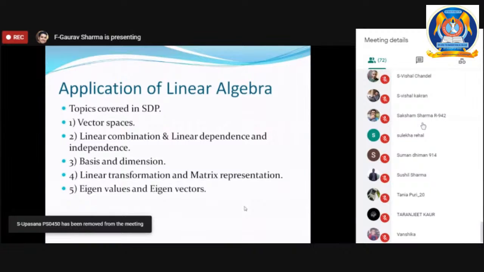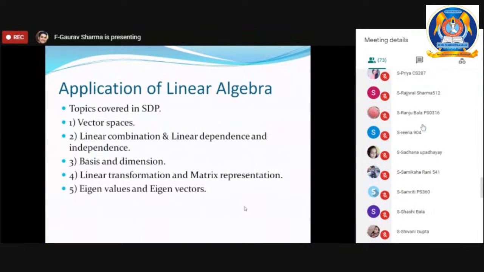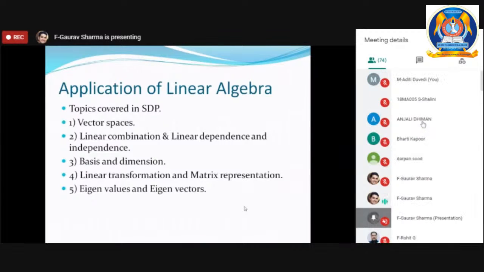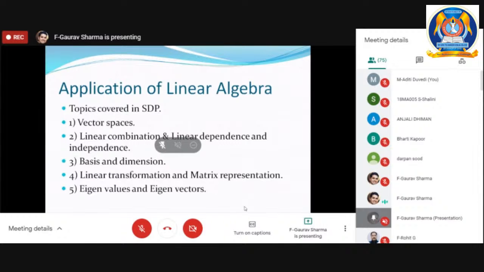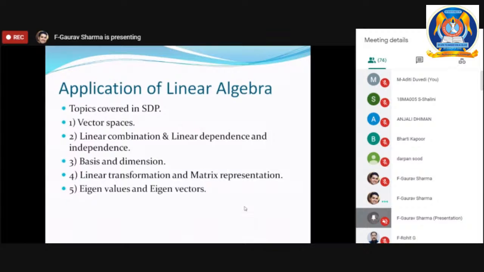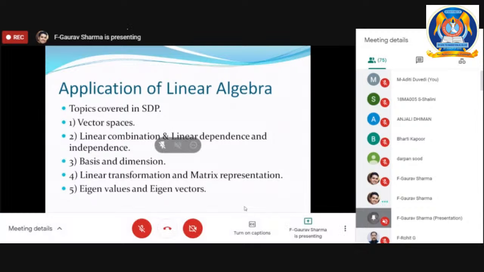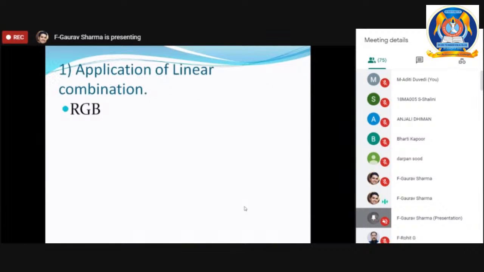There are so many applications for each of these topics, but I will touch only a few that you can connect with yourself, which you use in your daily life. I will not touch the core concepts of physics, chemistry, but only the application part that you use in your daily life. Okay, so let us start with the first application, the application of linear combination.